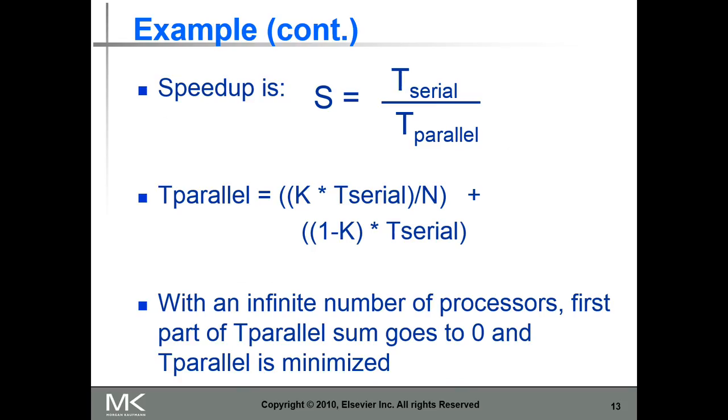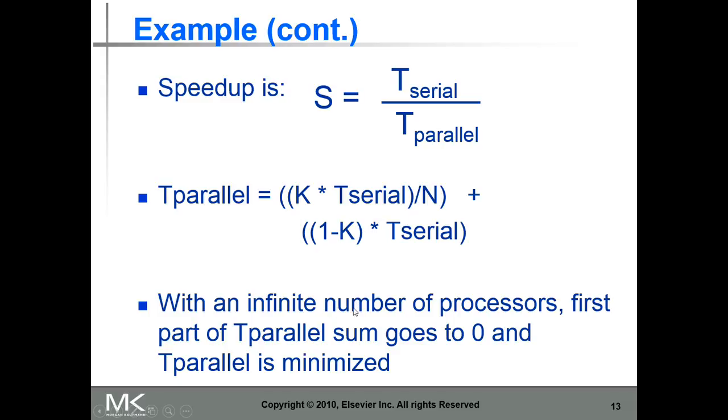All right. So this just kind of continues the idea. We know speedup is T serial over T parallel. We know that T parallel under this model is the fraction that's parallelizable times the time it takes to run the program in serial, divided by the number of processors, plus the time it takes to run this inherently serial part.